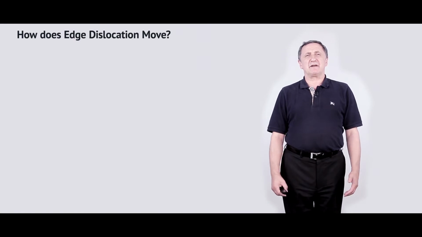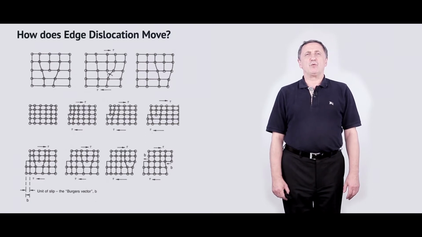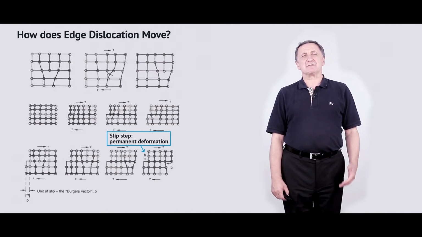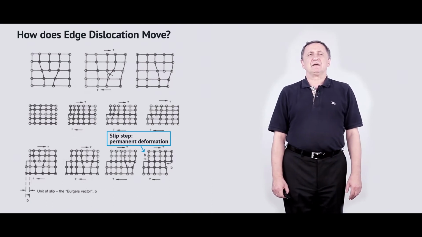And again, I remind you that the plastic deformation in metals occurs owing to the slip of different types of dislocations. On this screen, we are using edge dislocation as the example.